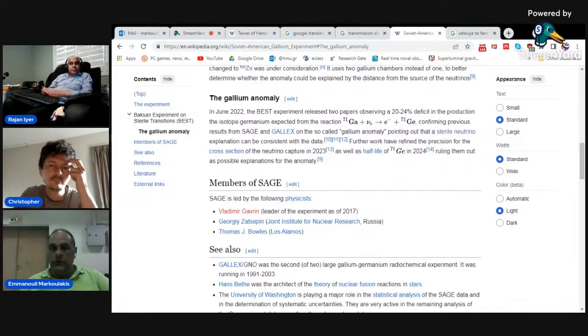So this electron then reacts with a neutron and turns it into a proton, and the gallium atom gains one proton and therefore it becomes a germanium. That's the most detailed reaction.